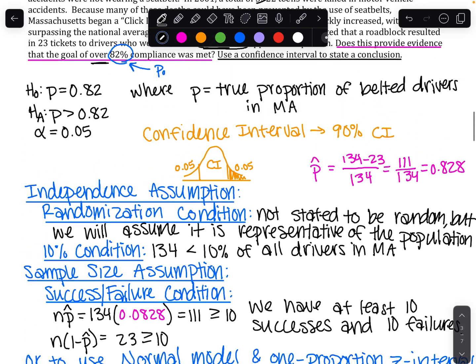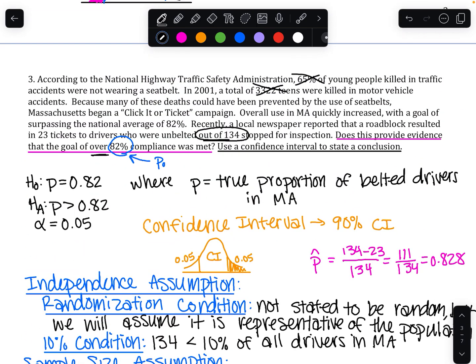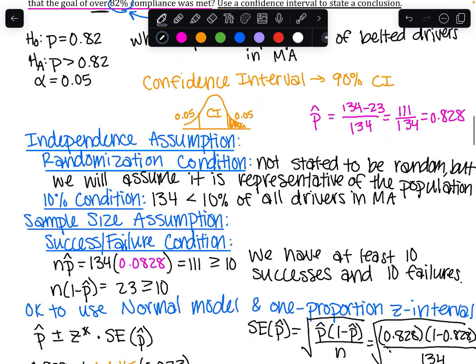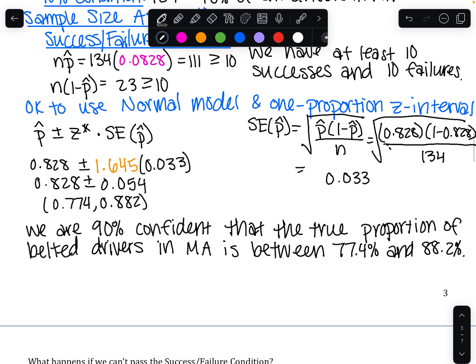But the question had said, does this provide evidence that the goal of over 82% compliance was met? What do you think? Is this strong enough evidence to say that the goal is over 82%? No, because 82% falls in that interval. There are some values in there that are higher than 82%, but the whole interval is not above 82%, so we cannot say that, okay?